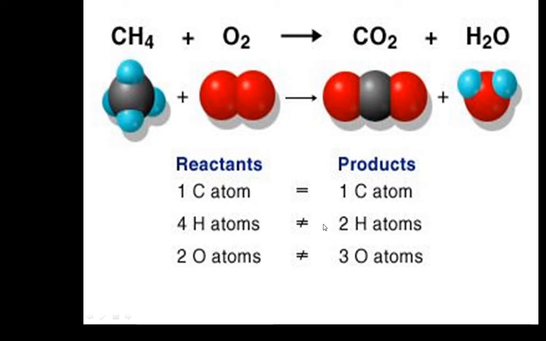After balancing the equation, the hydrogen number will be 4. 4 oxygen atoms, and after balancing it will be 4 oxygen atoms. Getting? So the reactant has to be equal with the product part. So to equalize it, we have to balance the chemical equation.